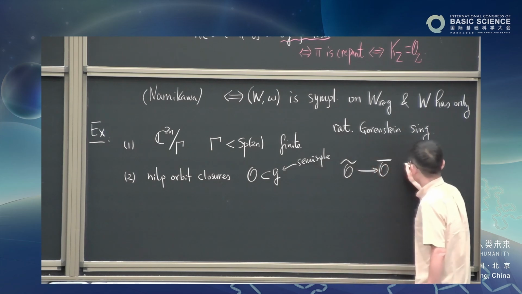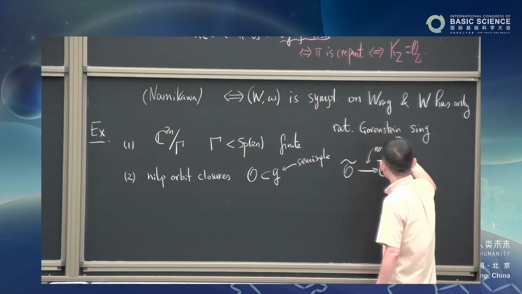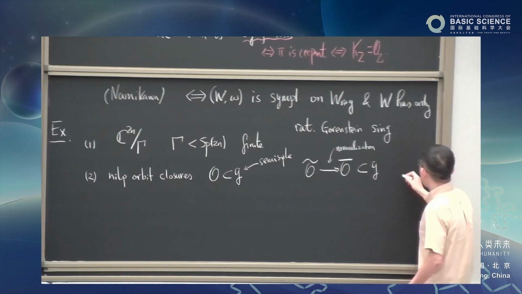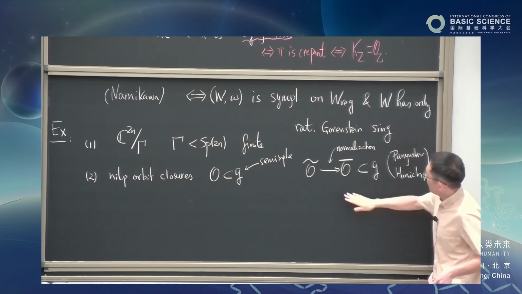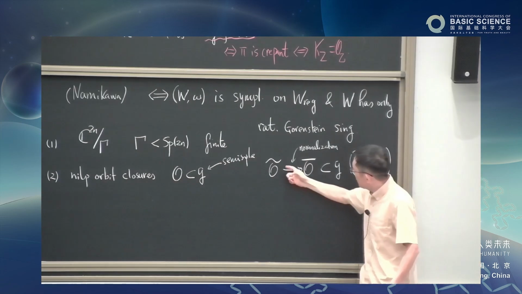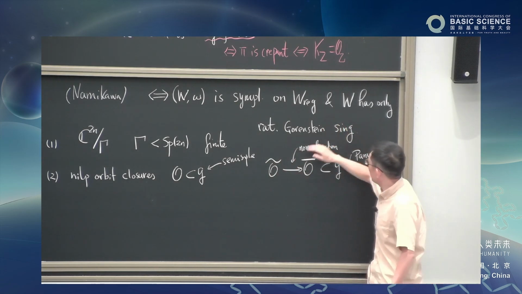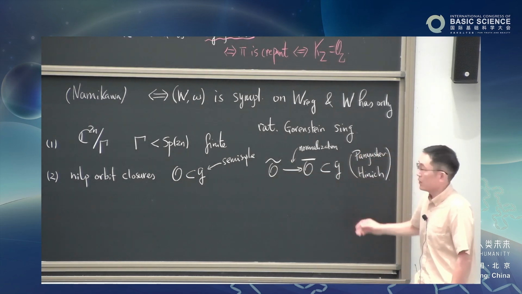So this is the closure, and this is the normalization. This was shown by Panyushev and Hinich: they show the normalization becomes a symplectic variety in this sense. The existence of the symplectic form is clear, and we only need to show this singularity is rational, and this can be shown by Panyushev and Hinich.